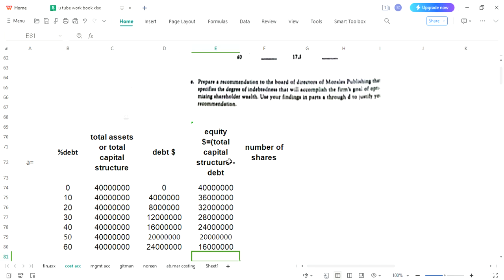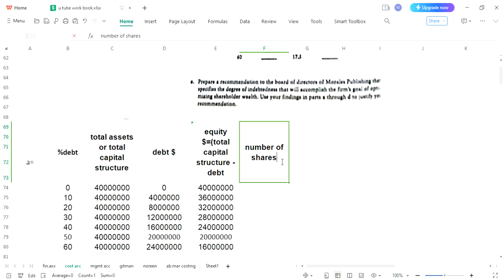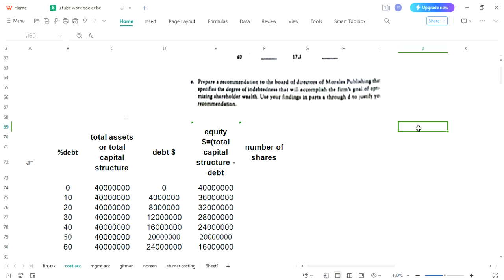Now, how will you calculate the number of shares? For this, we can understand over here, whenever you calculate your capital, how would you calculate it? The number of shares would be taken and multiplied by the per share price.